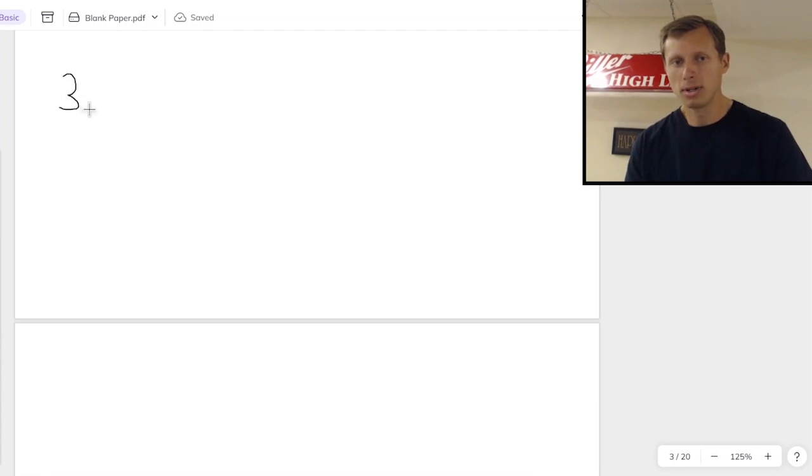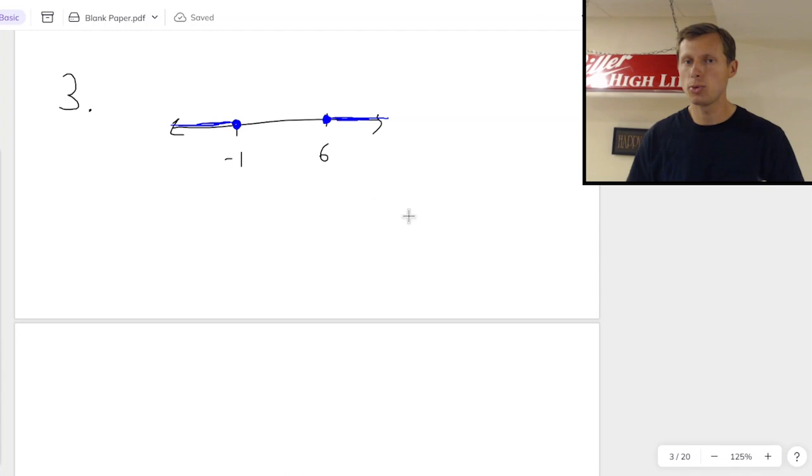But now I'm getting bored, which means I need to make it harder for you. So for this one, I have closed circles at -1 and positive 6, with the shaded region being not in between them, but on the outsides. How would I represent this? So this is one of those times where I have two separate regions. To do this, I'm just going to do them one at a time. For the first one on the left, the lowest point is negative infinity.